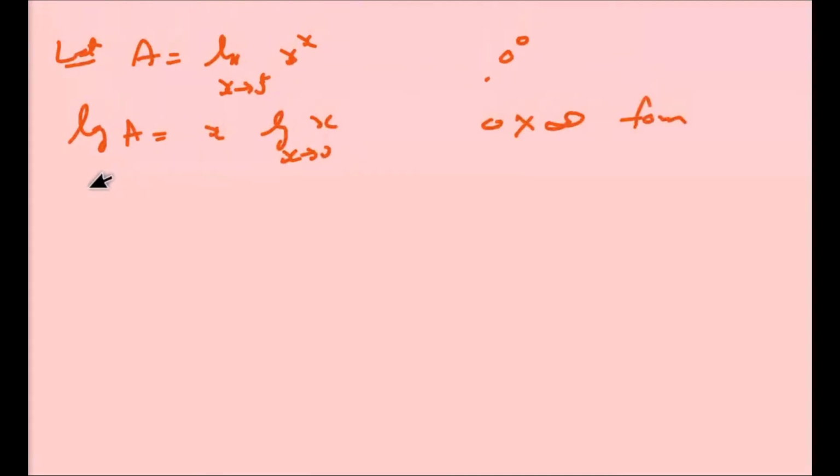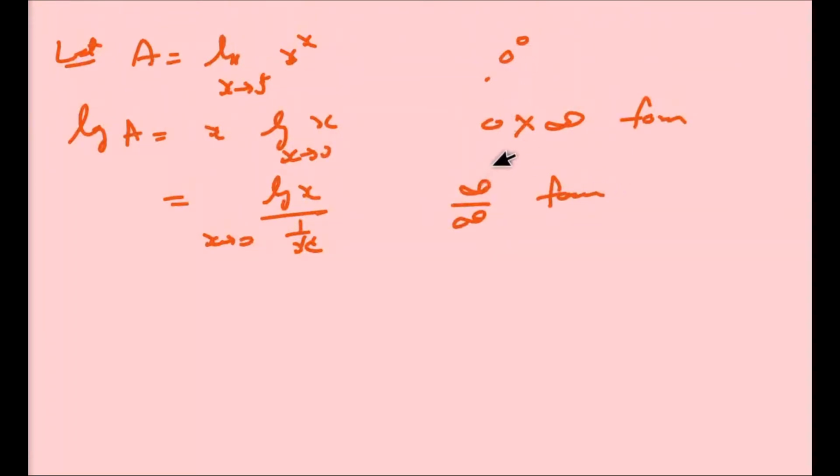So now changing it into infinite upon infinite type, we can write log x upon 1 upon x, x tends towards 0. Now it is infinite upon infinite form. Understanding?